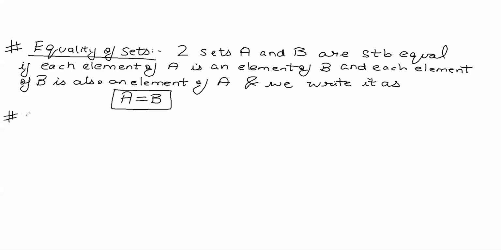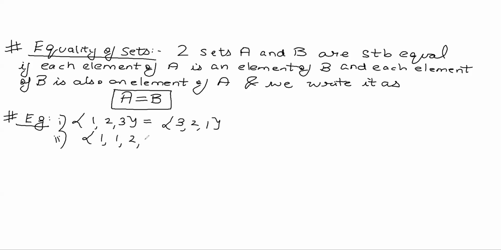Example: the set of 1, 2, 3 is exactly equal to the set of 3, 2, 1. Second, the set of 1, 1, 2, 3 is also equal to the set of 1, 2, 3. So what do we note? Even if one of the elements is repeated more than once, you can see 1 is repeated twice, but still the two sets are exactly equal.